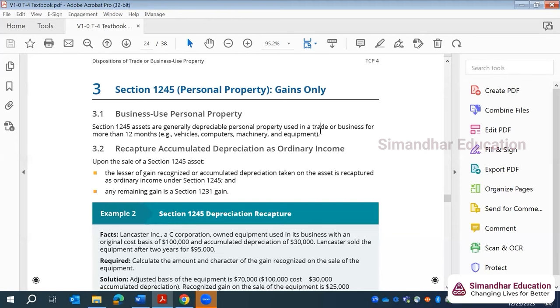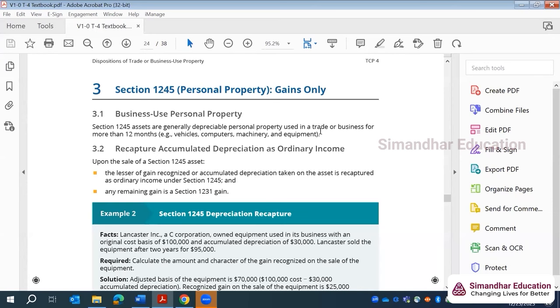So how much of ordinary expenses have you already taken on this car in the form of depreciation? You have taken up to $5,000, and you have been able to reduce your ordinary income by it. Now my adjusted basis is $5,000. Based on this, I'm going to determine whether I'm going to have a gain or loss on the sale of the car.